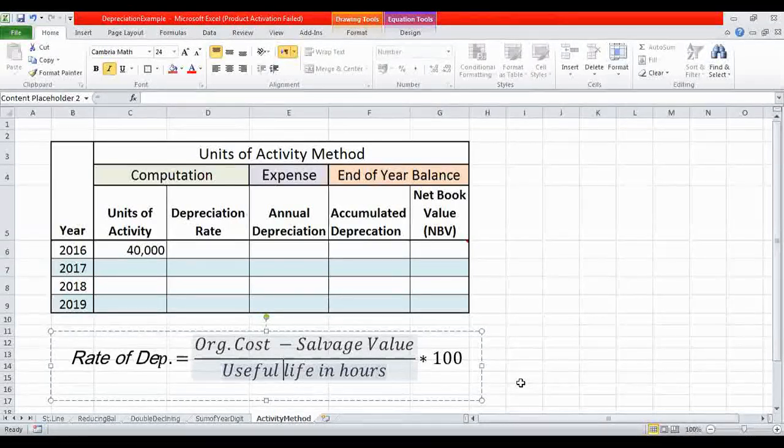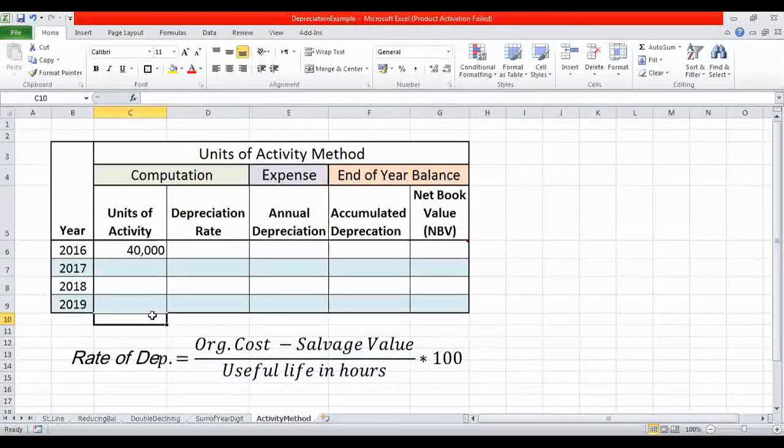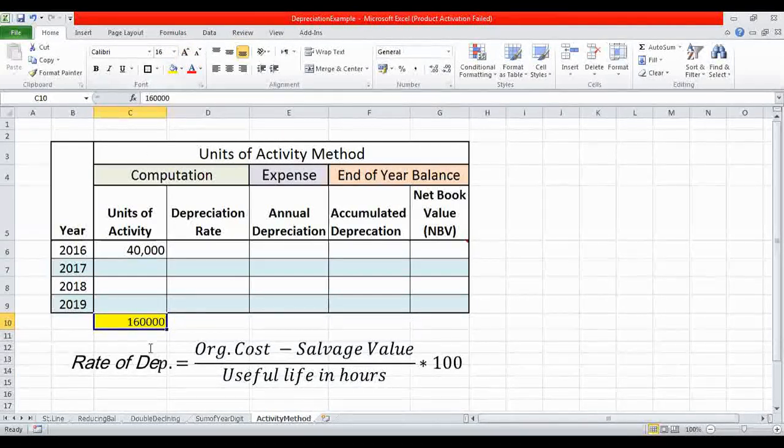In this question, they have given us the total useful life of this property, plant and equipment, which is 160,000. The original cost was 18,000.